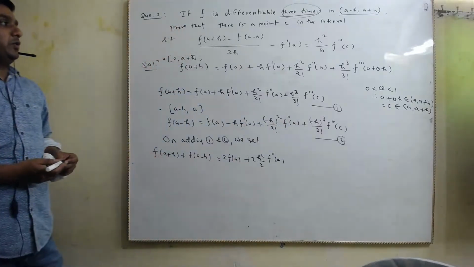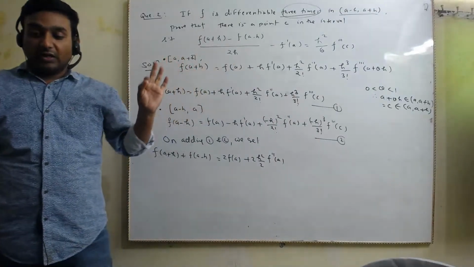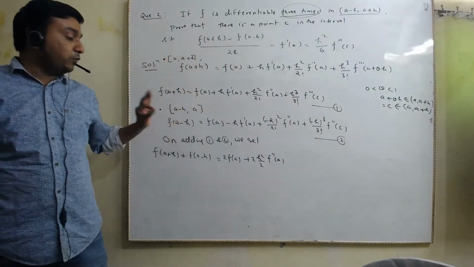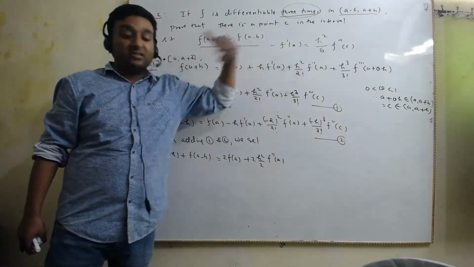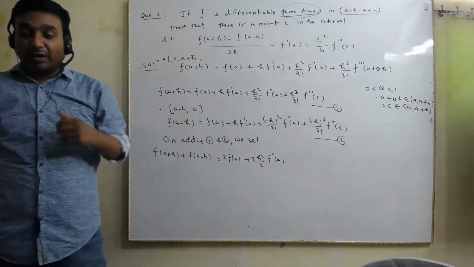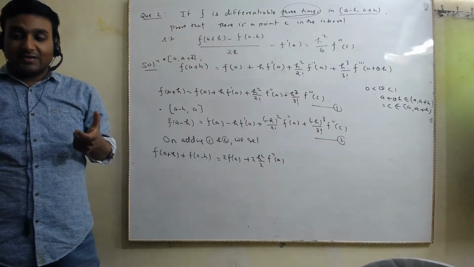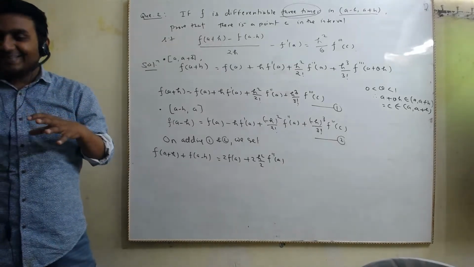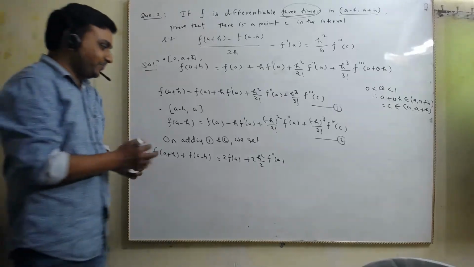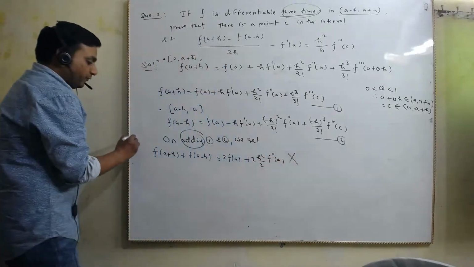Now what will happen? Please be on the board. If you are adding, the third degree term, the third order derivative, gets cancelled, but you want that in your expression. You're getting my point? So you will add or subtract. Is that clear or not? So this addition is not working for us.